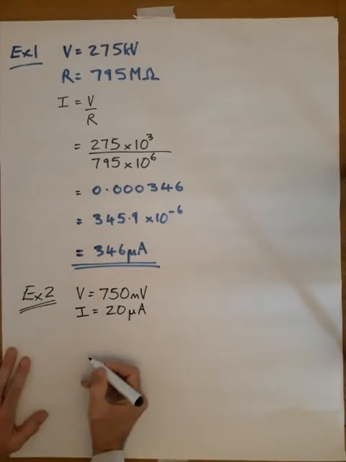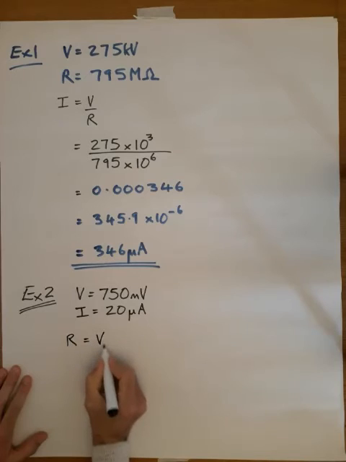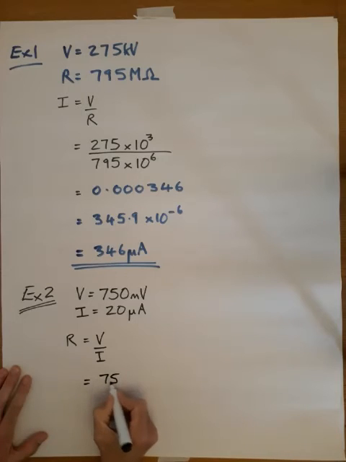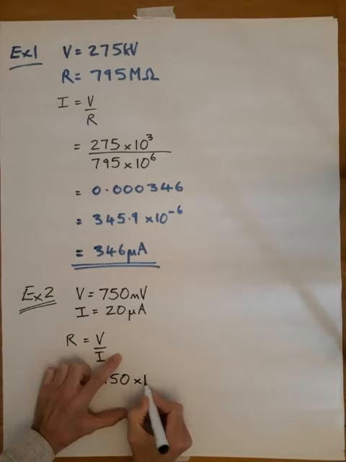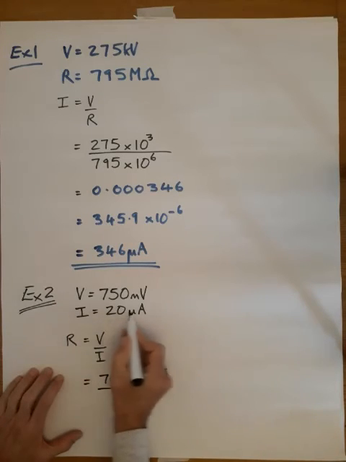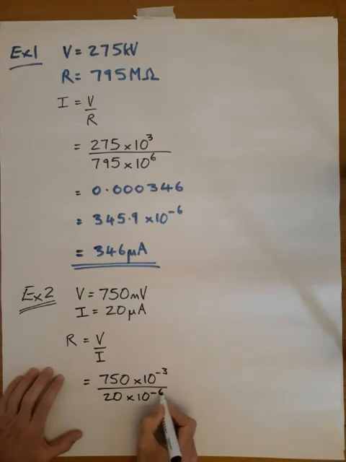So Ohm's law, R equals V over I. Put the numbers in. 750 milli is times 10 to the minus 3. Current is 20 micro. 20 times 10 to the minus 6.